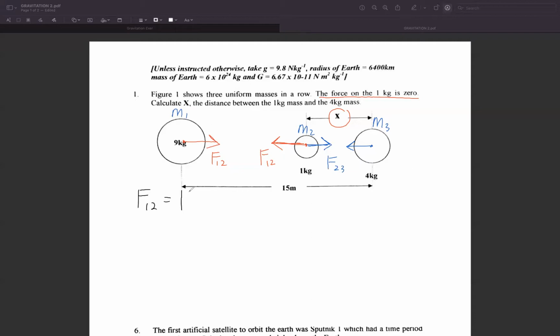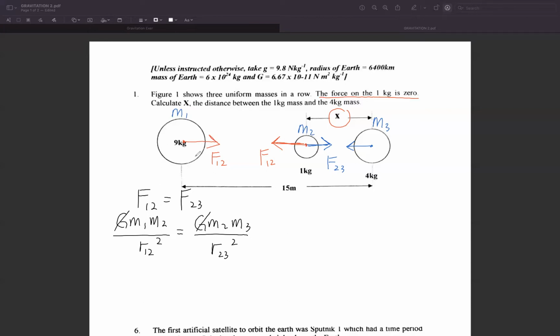F12 equals to F23. F12 is G M1 M2 over R12 squared equals to F23, G M2 M3 over R23 squared. Okay, we cancel this. And then we get M1 M2 and M2 M3. Yeah?